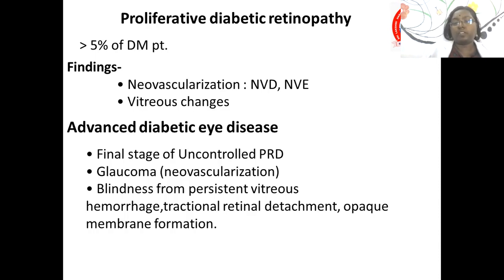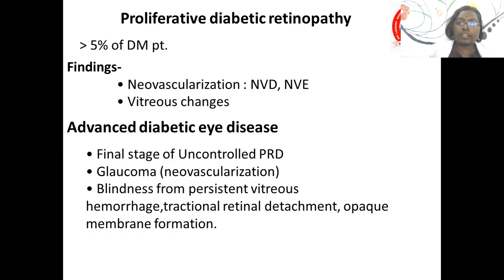These new vessels are leaky and can break, which can lead to hemorrhage. So there can be vitreous hemorrhage, and we ask the patient to keep the head end elevated.